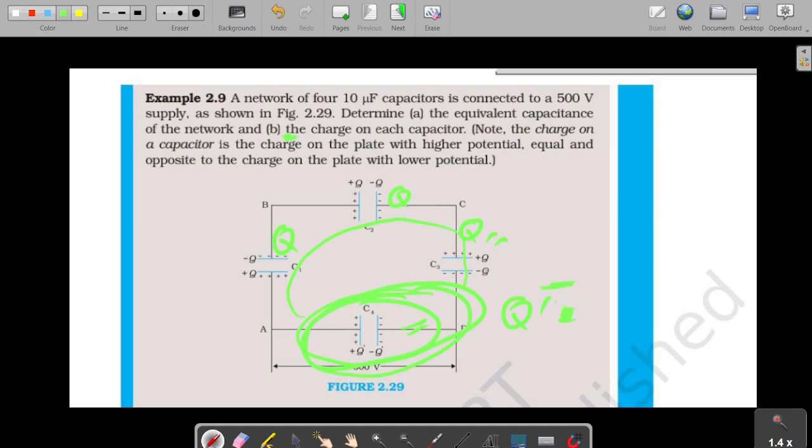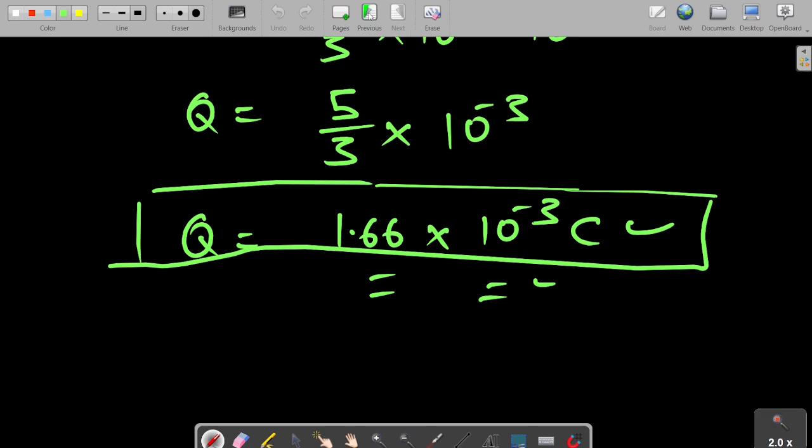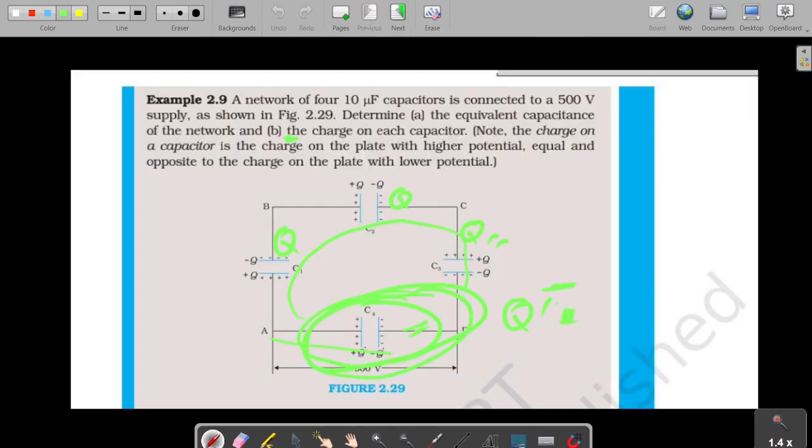Now if we proceed further, if you see the end AD, there is a potential difference across AD, that is potential difference V4, which is equal to Q dash upon C4, and it is equal to 500 volt.